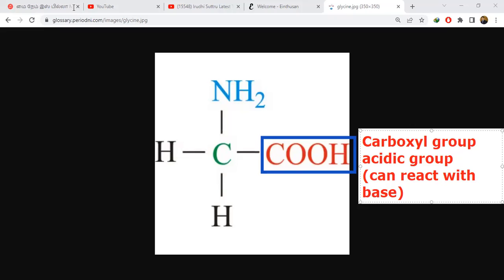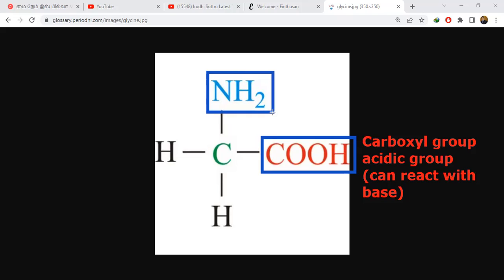Okay. Now carboxyl group is there. What kind of group is it? Acidic group. Because it is an acidic group, with whom can it react? With base. Okay. What is this group?